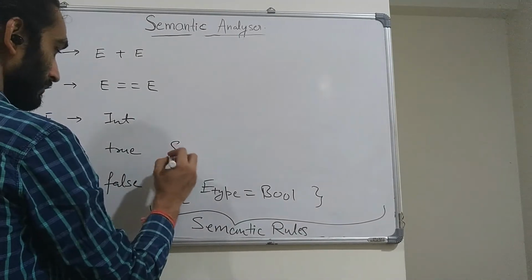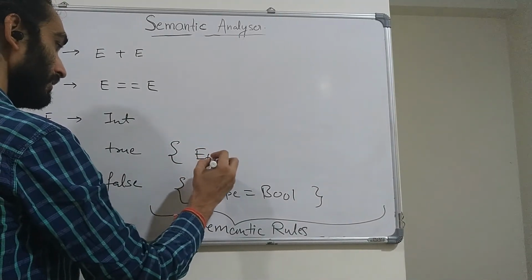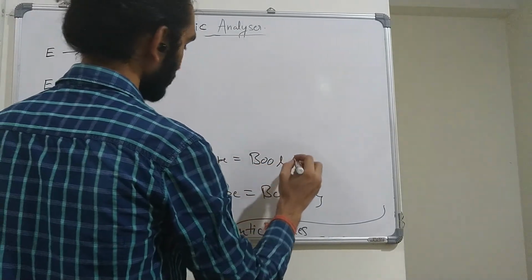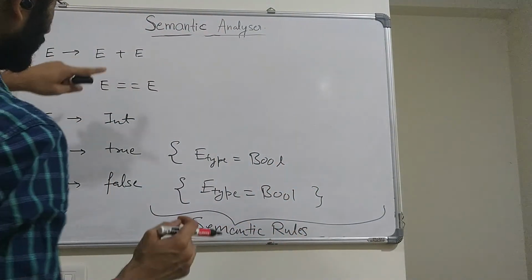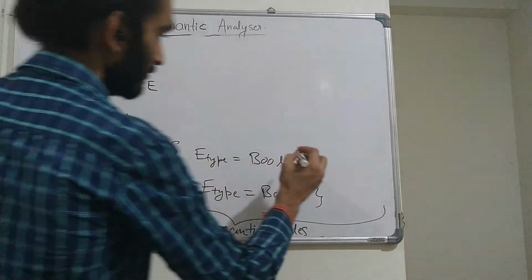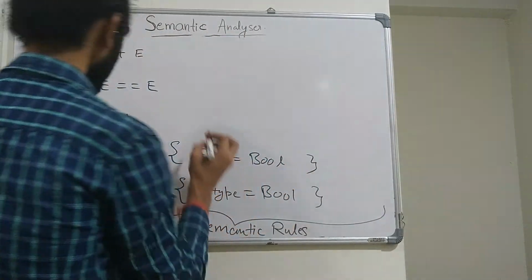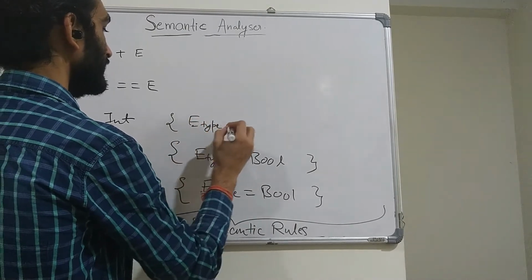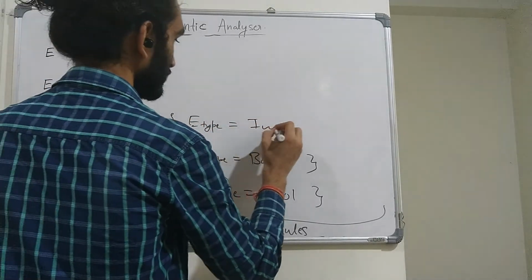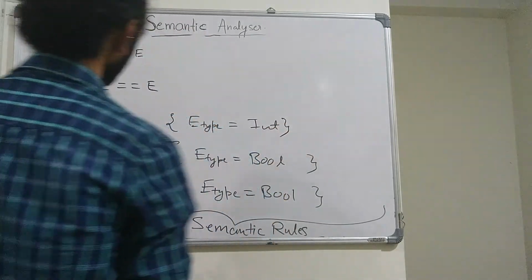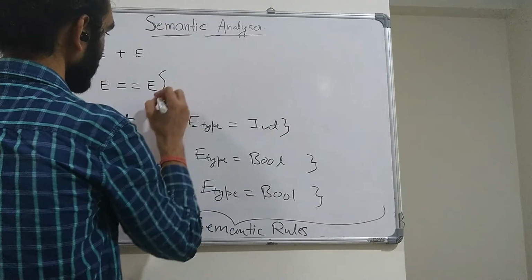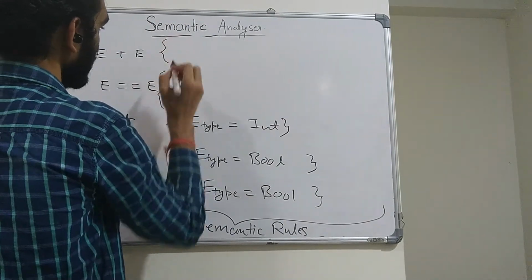So again this E type is also bool, because I need this type information for further processing. If these types are not matching, then I have to generate an error message. In here this E type is your integer, right?